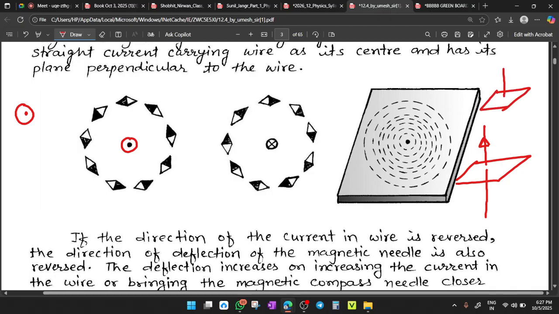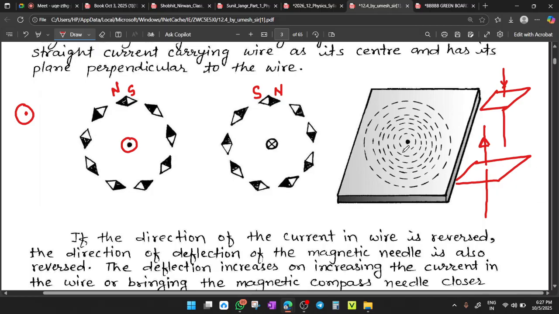Yes or no? So two results are there. When current is coming outward from the paper, if this is north and this was south, after changing the direction of current, this becomes north and this becomes south. So you can clearly observe there is a change of direction of the magnetic field on reversing the direction of current, right?